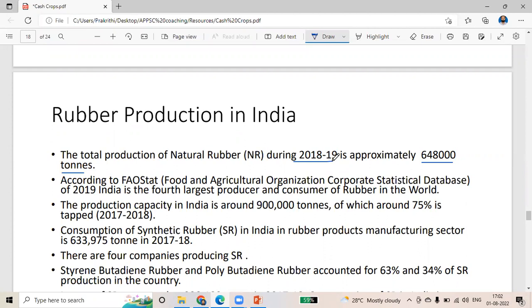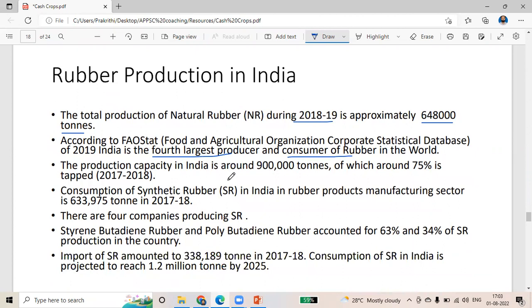According to the Food and Agriculture Organization Corporate Statistical Database 2019, India is the 4th largest producer and 4th largest consumer of rubber. What is rubber mostly used for? Mainly for making tires. Then slippers and similar items are also made with rubber.